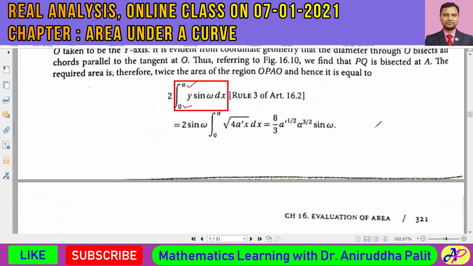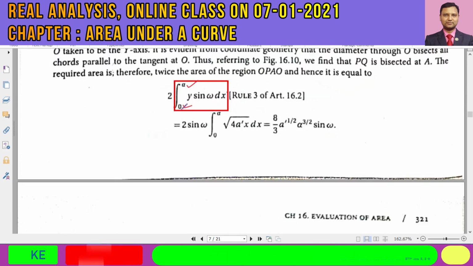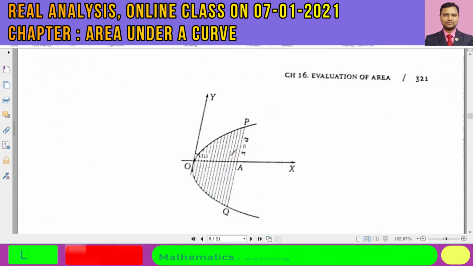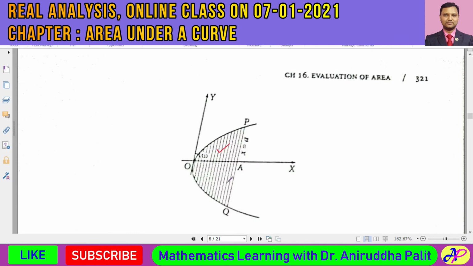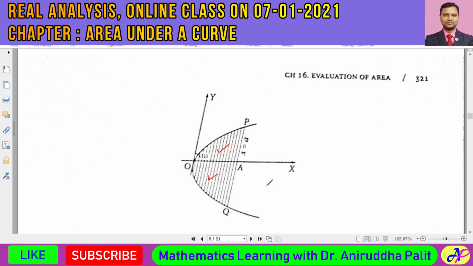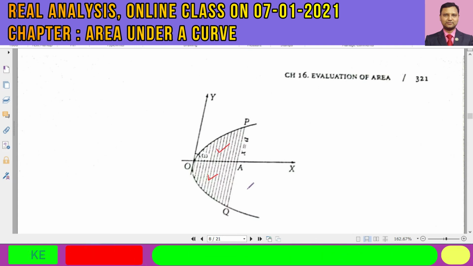Yes, this is the question. So over here we are computing from lower limit x is equal to 0 to x is equal to a, y into sine of omega dx. And because I told you that the area in the upper part and the area in the lower part are the same, one part has the positive sign and another part has the negative sign, so if you simply add them, you will ultimately get 0.